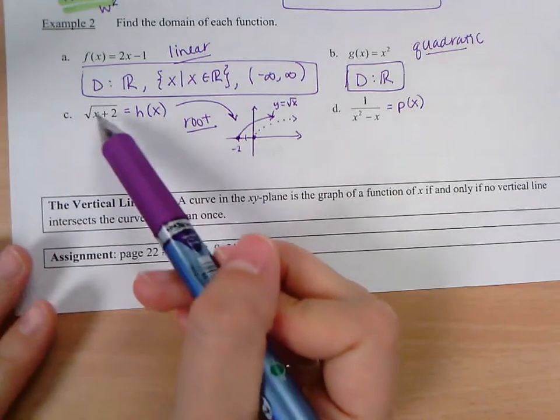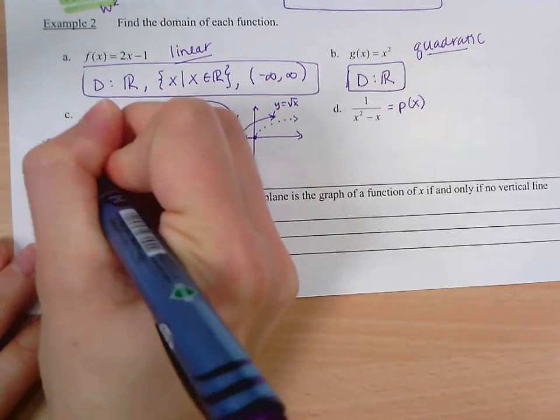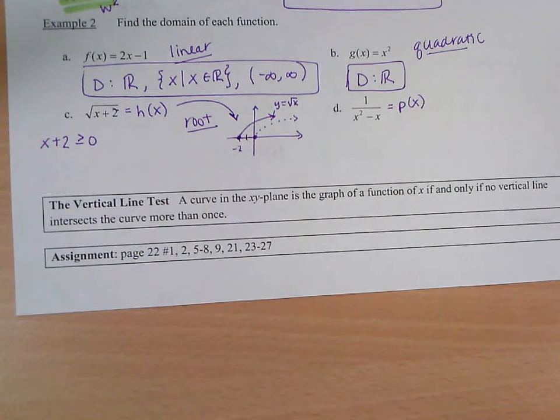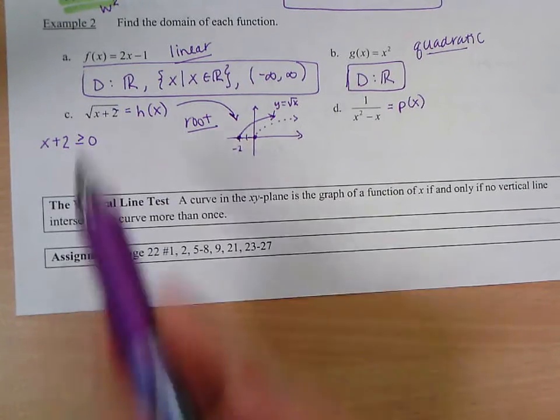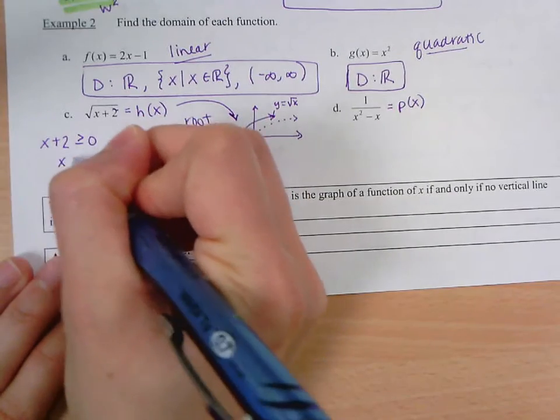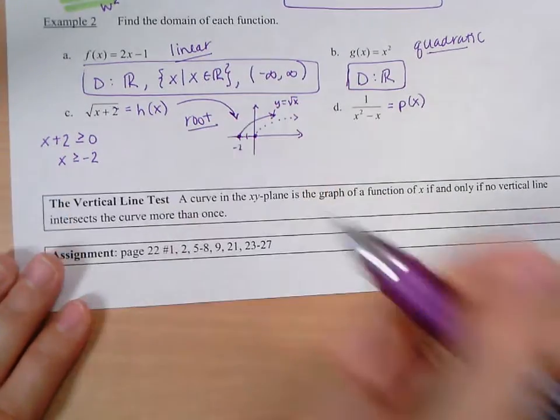So x plus 2 must be greater than or equal to 0. Whatever's in the radicand has to be 0 or positive. Then just solve for x. I subtract 2, x must be greater than or equal to negative 2, which is the same thing as saying the domain is negative 2 to infinity.